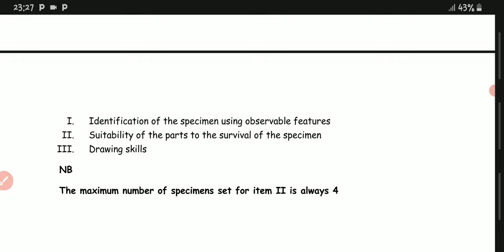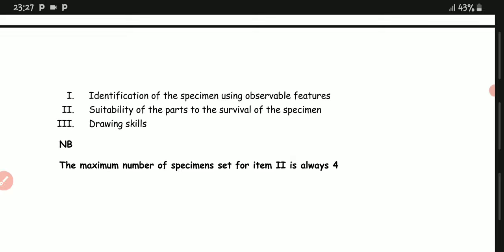Now, T stands for the title. You say a well-labeled drawing showing specimen X. Enough. So you should not write the name of the specimen. That is the title.